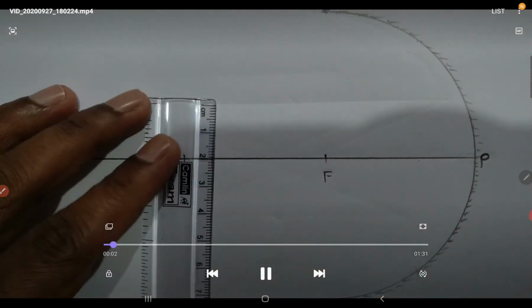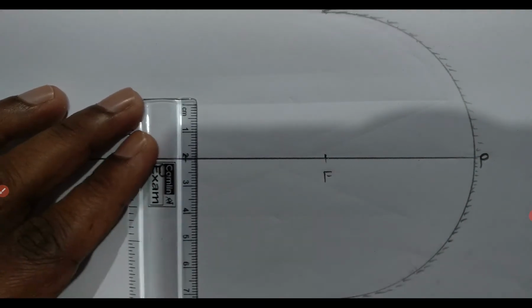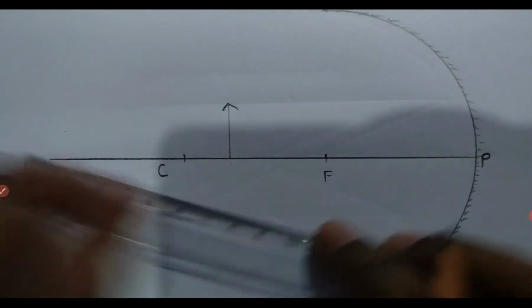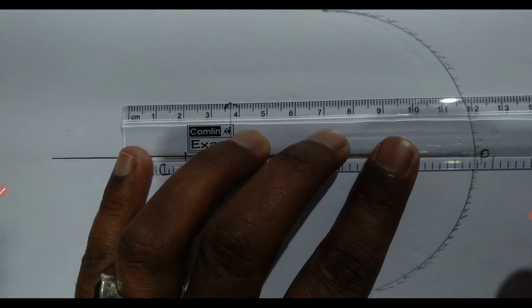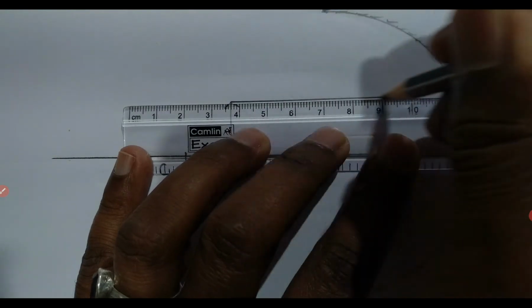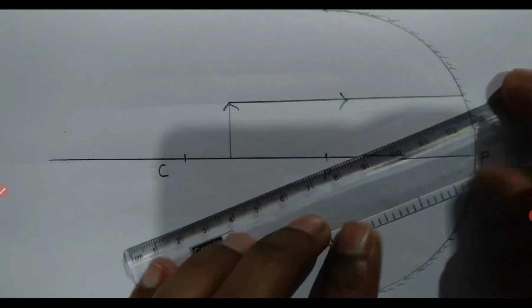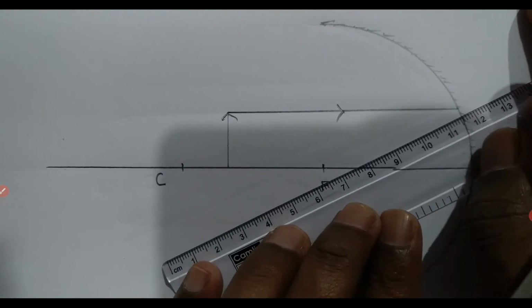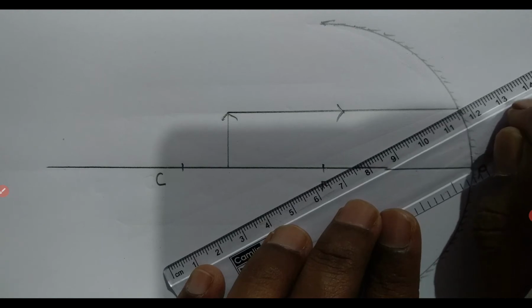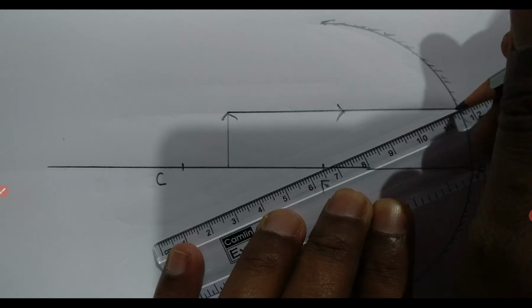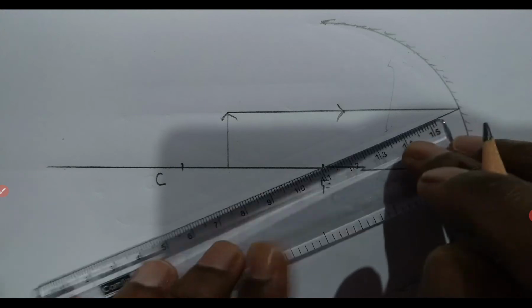So now I am placing the object in between the center of curvature and the focus. I am drawing it around 2 centimeter. Now I shall use the first rule: any ray parallel to the principal axis should pass through the focus after the reflection. So here is my reflected ray which is passing through the focus.